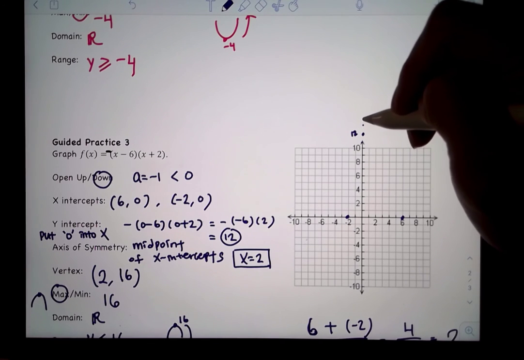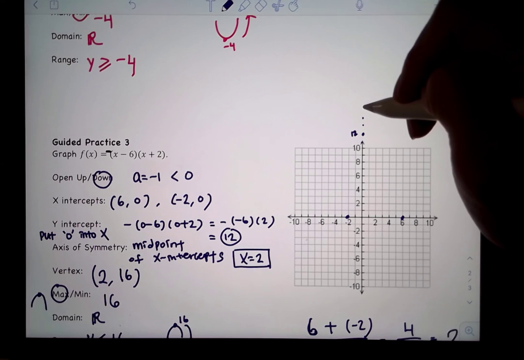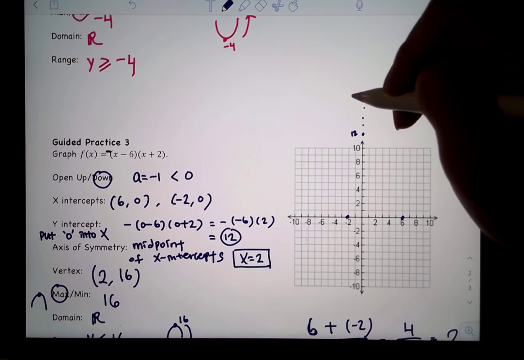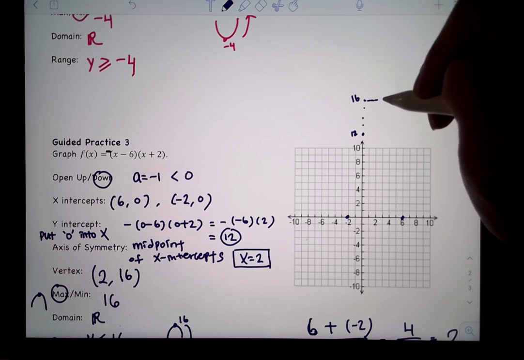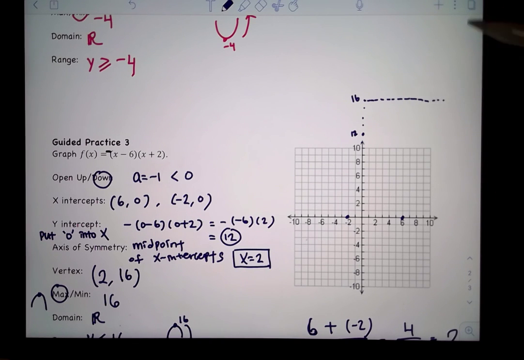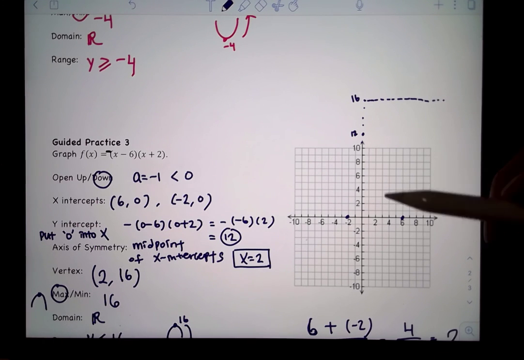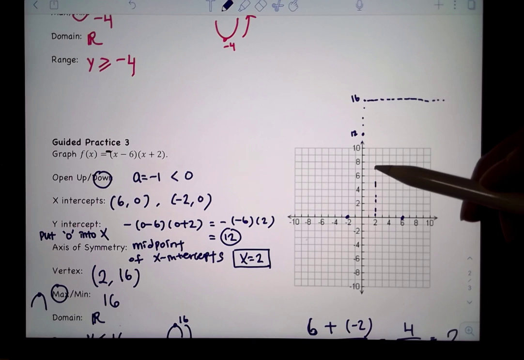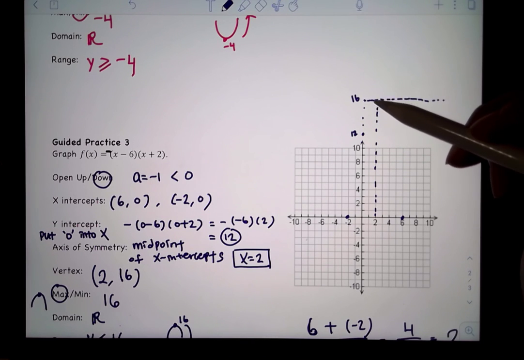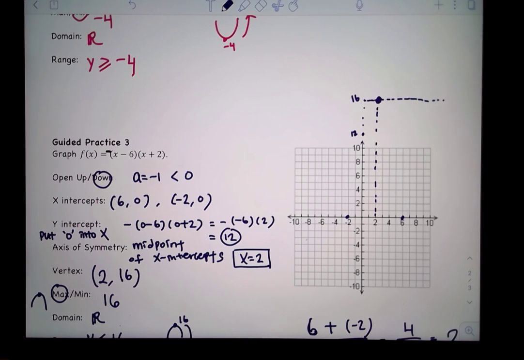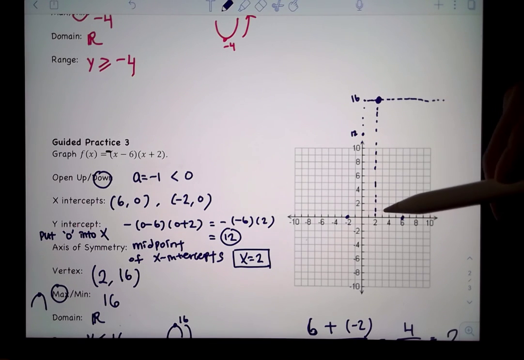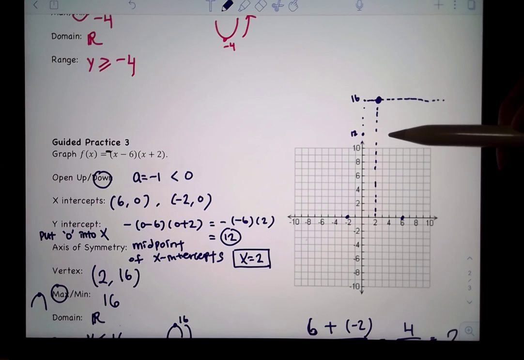So 12, 13, 14, 15, 16. So let's make this my 16, right? And then the axis of symmetry, that is 2. So right here, that's my vertex. And when x is 4, then y is supposed to be 12 because it's symmetric, right?